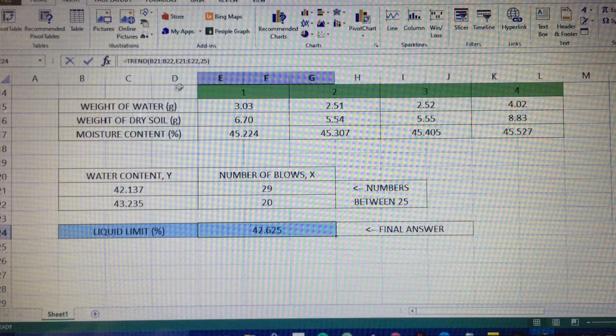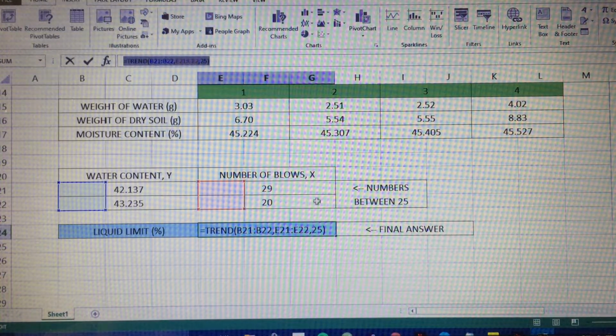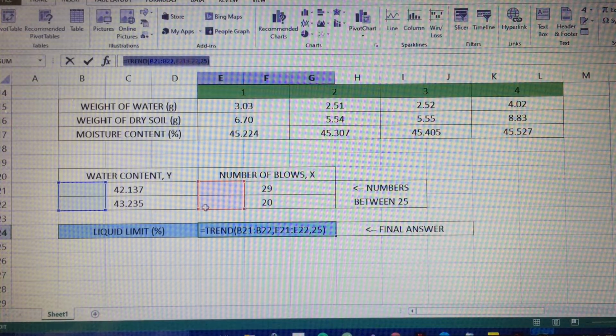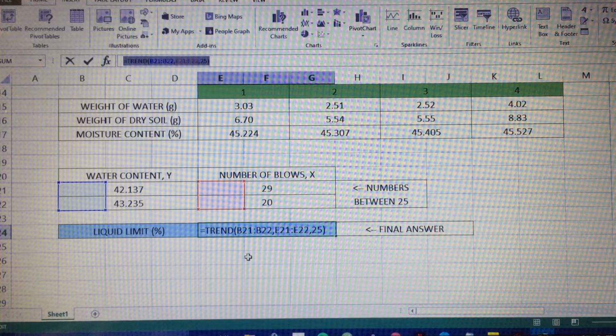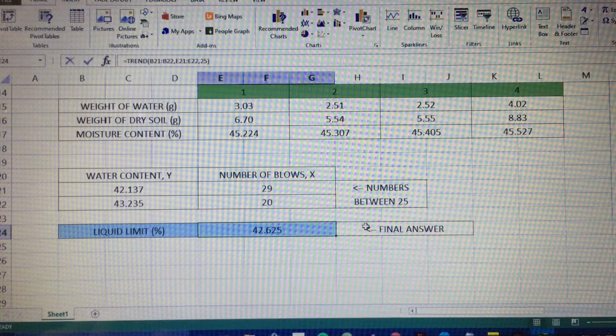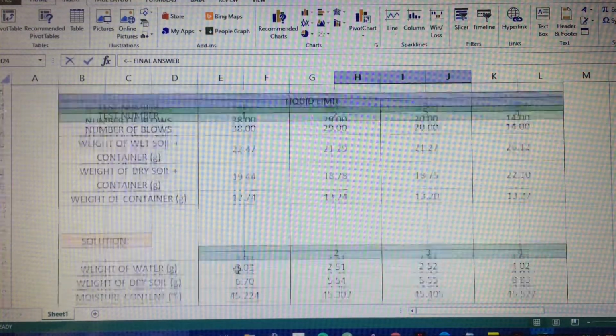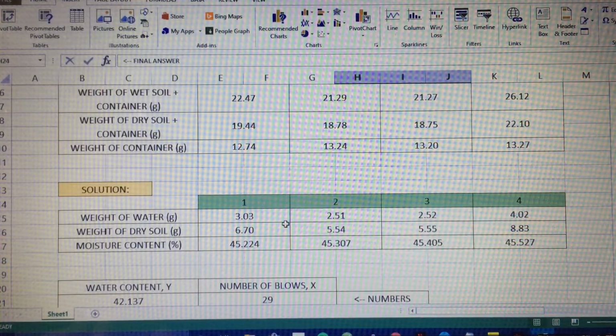So, ito siya, naka-formula na siya. Kahit pa ma-change itong value dito, lalabas agad ang tamang answer dito sa liquid limit. So, that is how I made this Excel for the liquid limit.